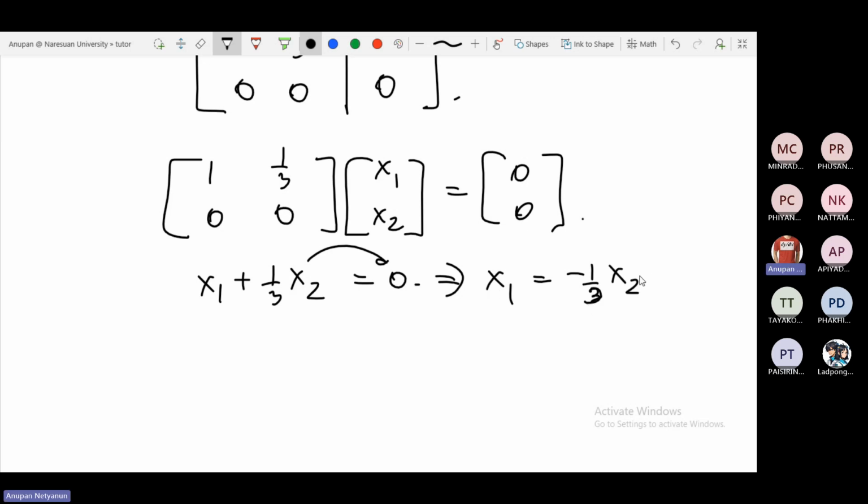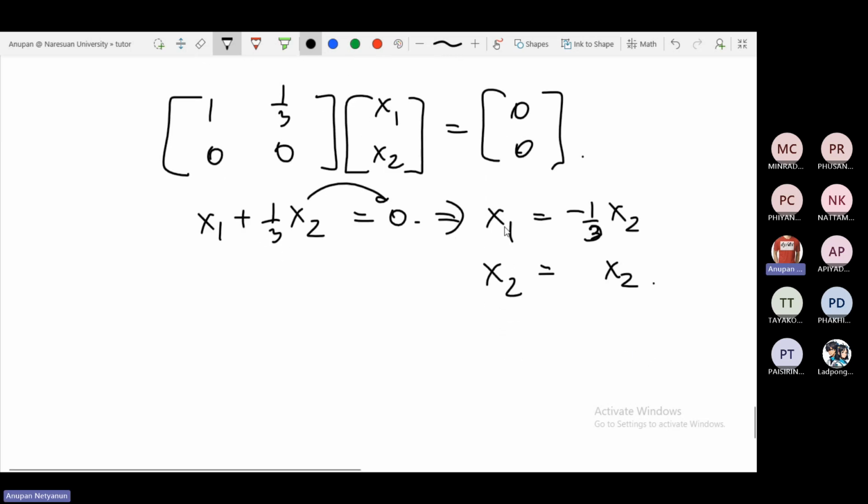So x1 depends on x2, and you have x1 and x2 as a solution. You have x1 in this form, and then x2 is in the second position, which of course is equal to itself. Since x1 depends on x2, let x2 be any number, let's say s.